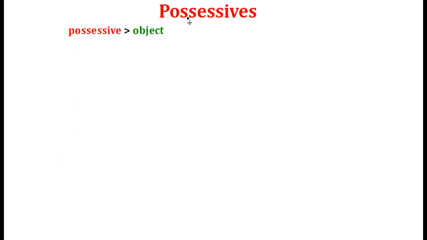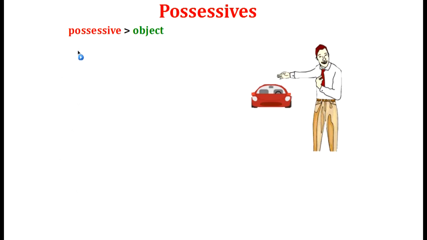Okay, so possessives. Possessives are words that describe possession. So, possessives describe the possession of objects and things. For example, my car is red.